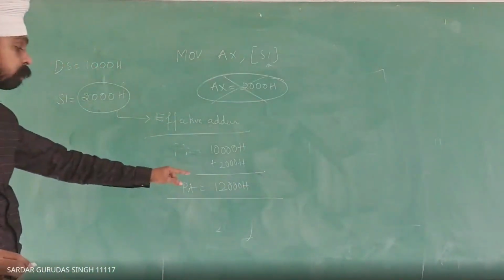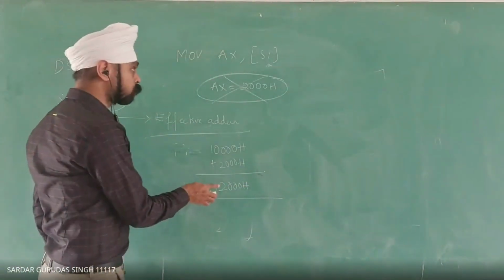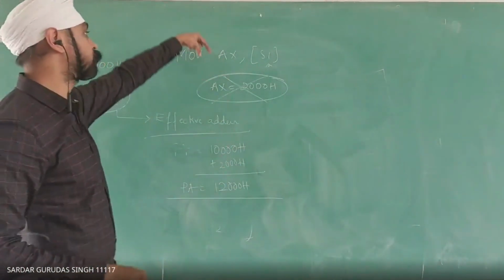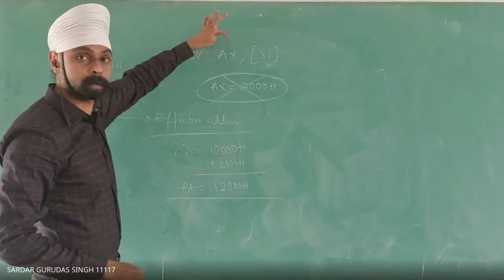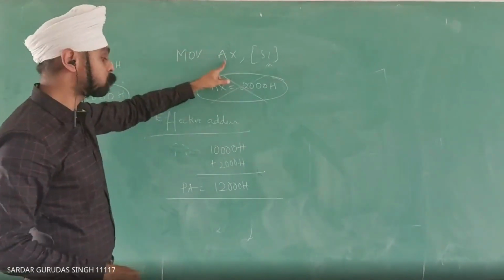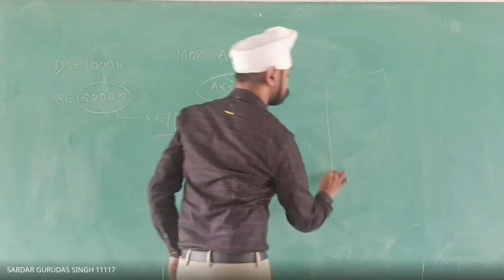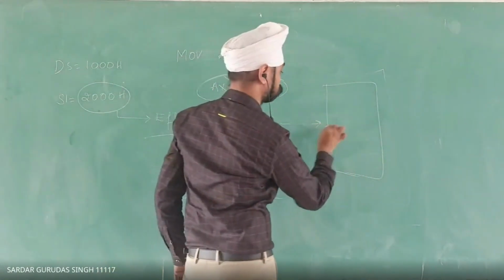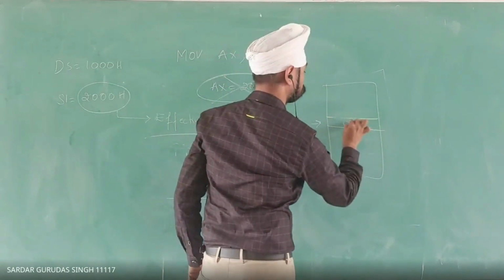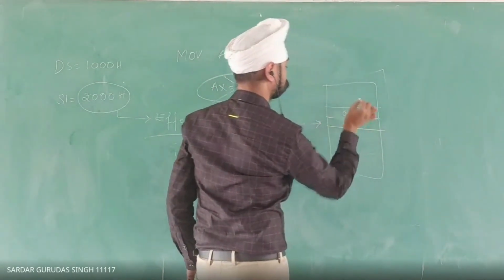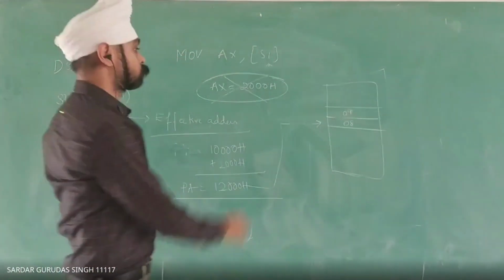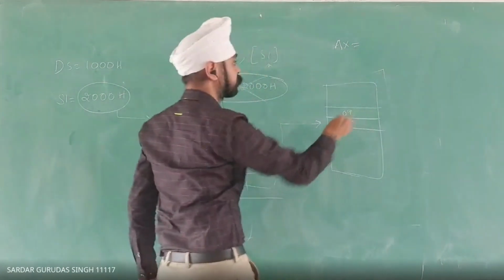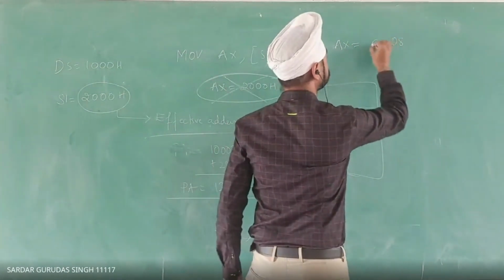Whatever is located at 12,000 and 12,001, that particular content will be moved into AX. So AX will be equal to 0809H.